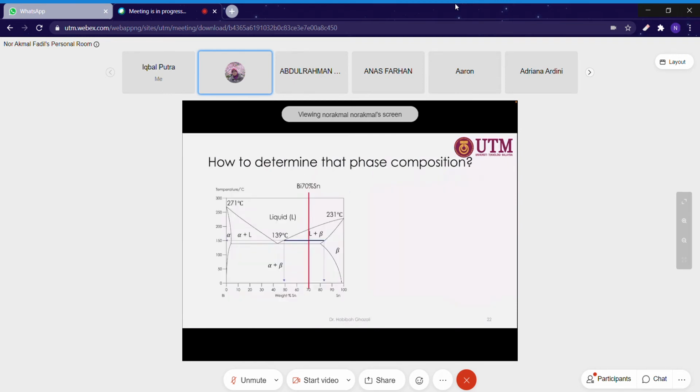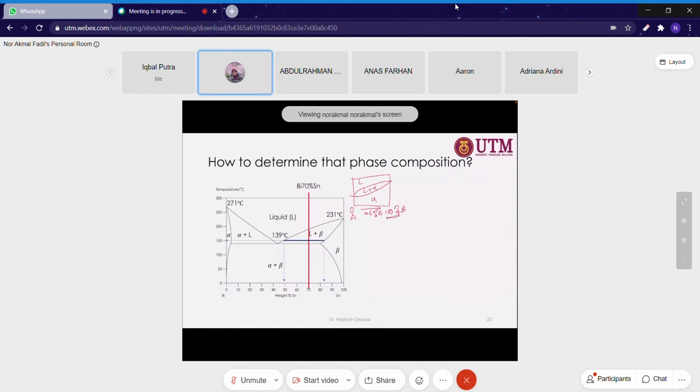Next is how to determine the phase composition. Let's say we have any point; this is similar to the complete solubility example. The complete solubility phase diagram shows liquid, liquid plus alpha and alpha, from 0 to 100% of element B if we add it into element A. This is the weight percentage of element B, because B is 100% at this point and A is 100% at this point.